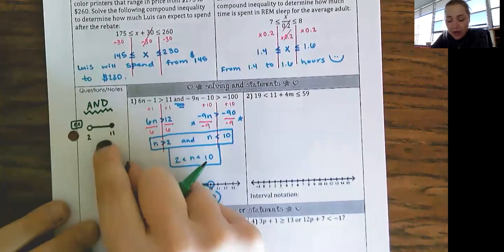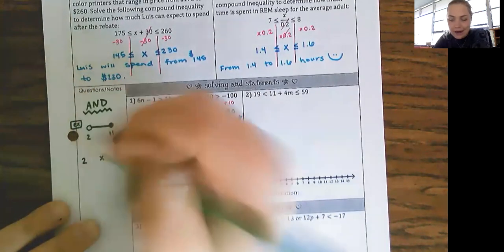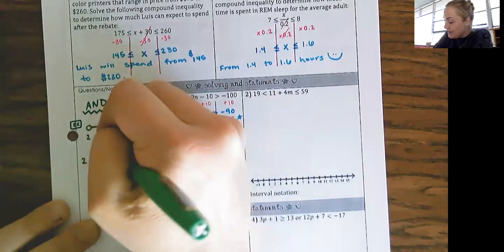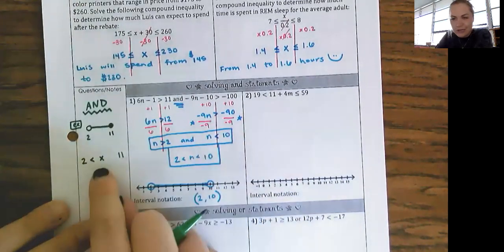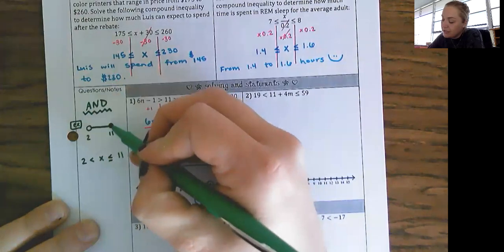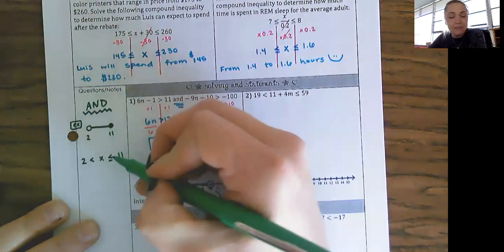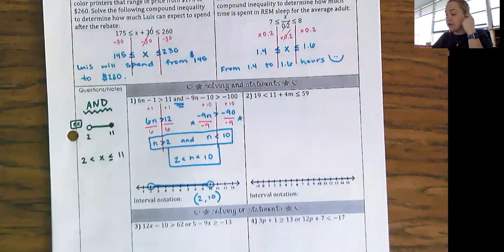So the inequality of that would look like this: 2 with x or n or whatever in between, and then 11 up above. Remember, 2 is less than x, or you could say x is greater than 2, but x is also less than or equal to 11. You can notice that that filled in circle at 11 translates to being a less than or equal to symbol with the line underneath our inequality.